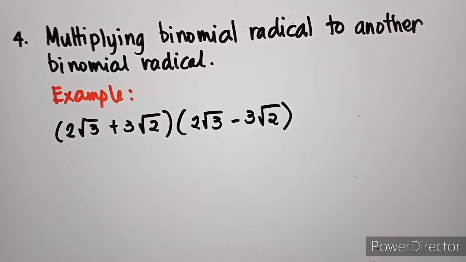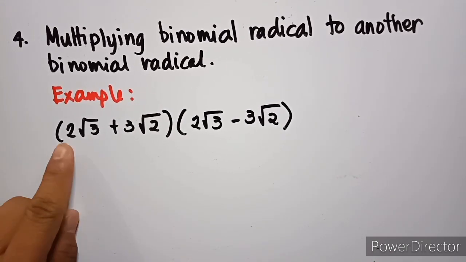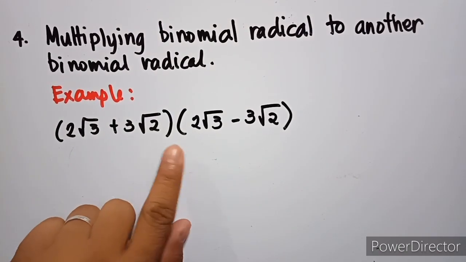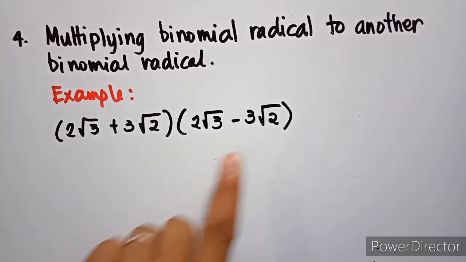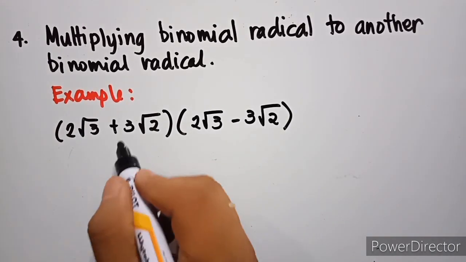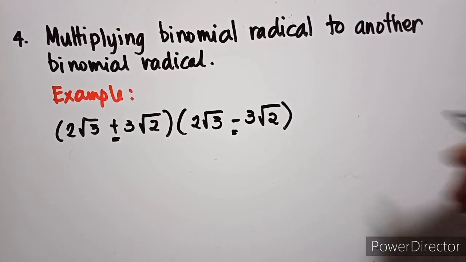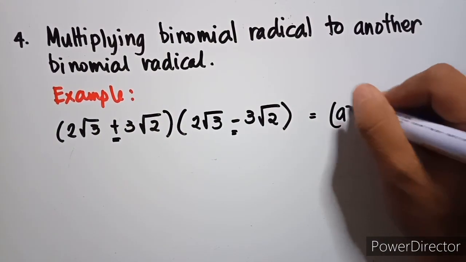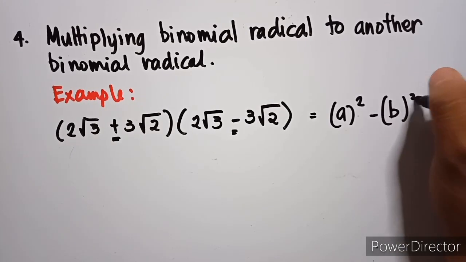Number 4, multiplying binomial radical to another binomial radical. Example, the quantity of 2 square root of 3 plus 3 square root of 2, times the quantity 2 square root of 3 minus 3 square root of 2. As you can see, we have here sum and difference of two binomial. So ang ating product, ang ating formula dyan ay a squared, the first term, minus the second term, b squared.